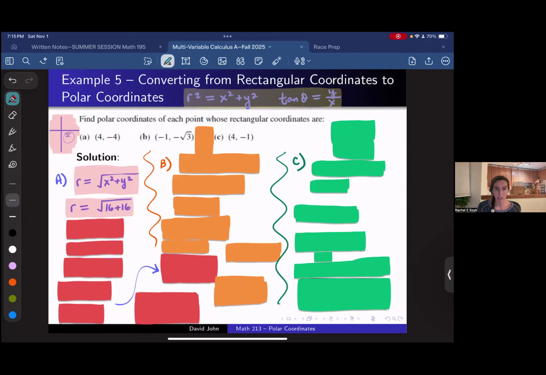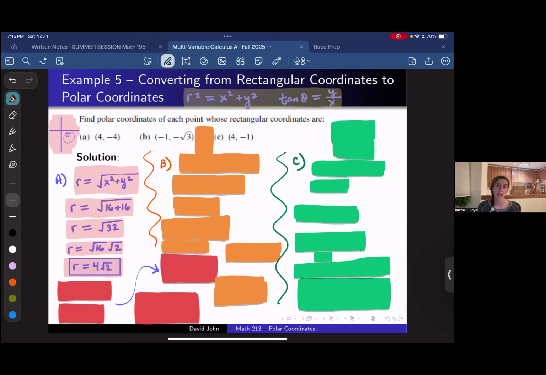And that will just give you the square root of 16 plus 16, which is the square root of 32. We can simplify this radical. We can break that up into the square root of 16 and the square root of 2. So we just get 4 square root of 2. Okay, so we have our r in simplified form.